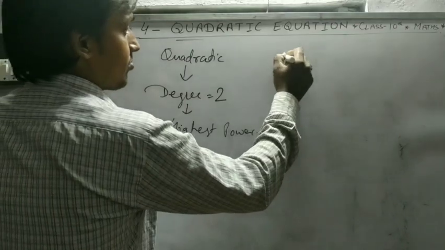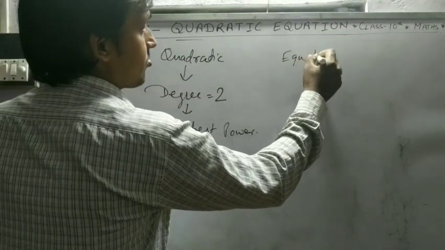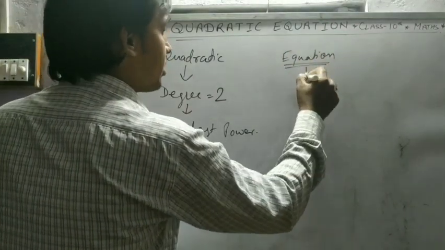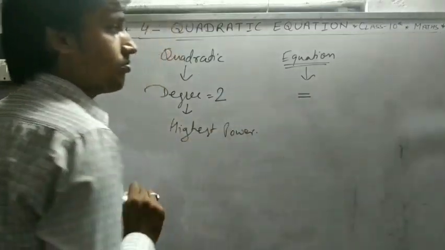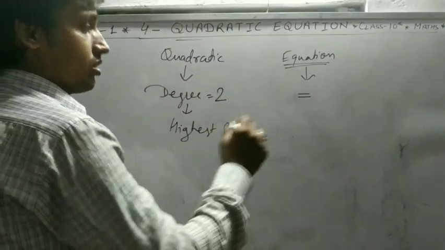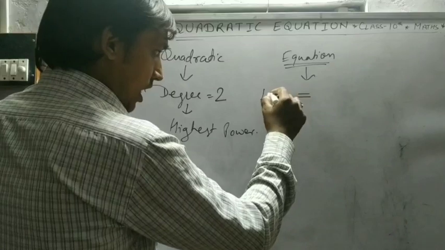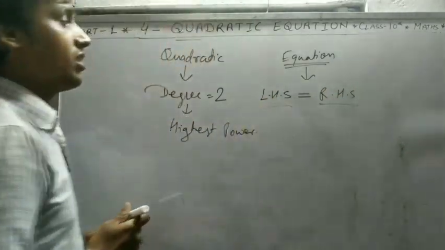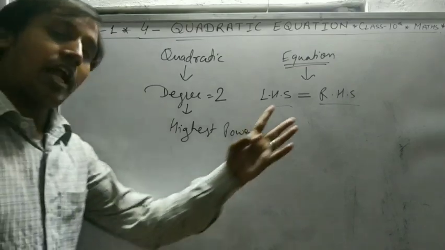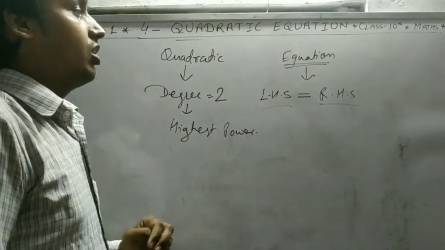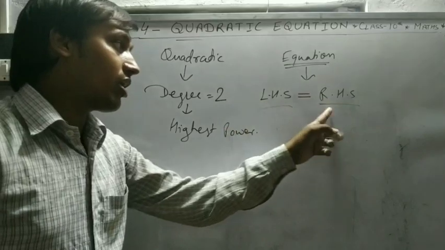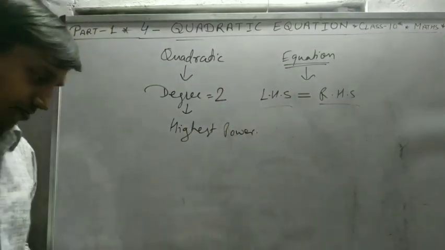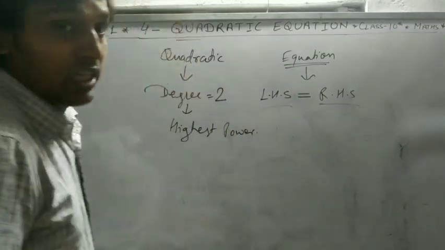And an equation means there is an equal to sign. There is an LHS and an RHS, meaning left hand side and right hand side. For equations, both left and right sides are equal, always satisfied for all the real values.